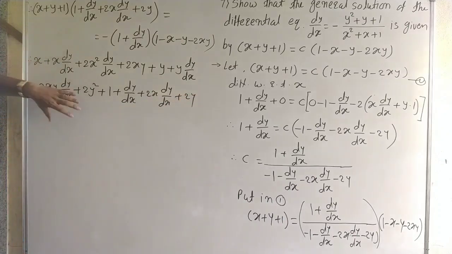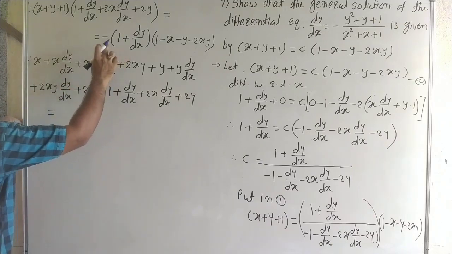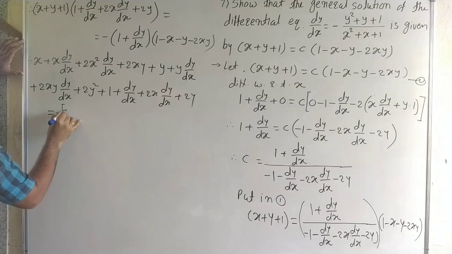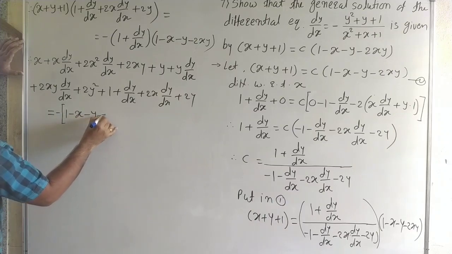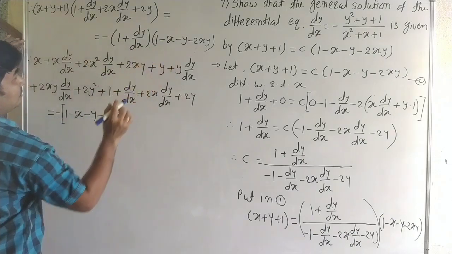It is only the RHS multiplication of these two brackets. Now the LHS is equal to, here multiply by 1 and here it is a minus. Okay. Therefore it is a minus 1 minus x minus y minus 2xy. Okay. Multiply by 1. Okay.